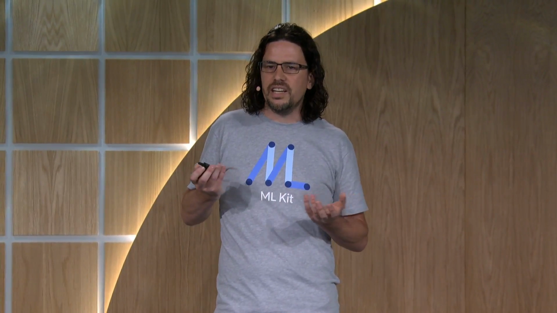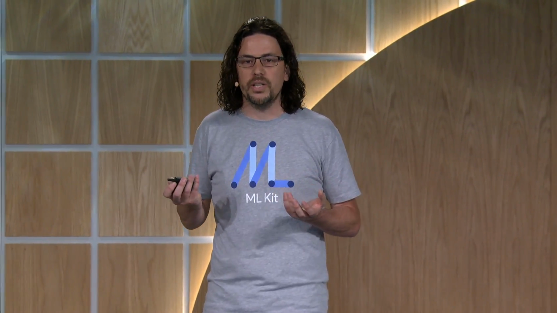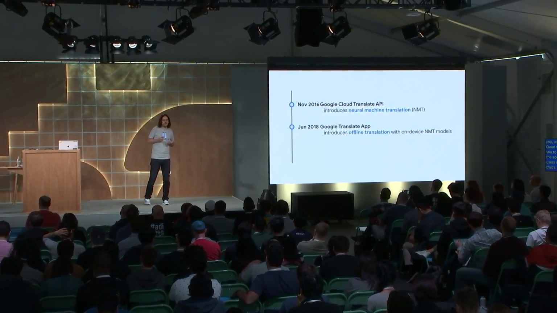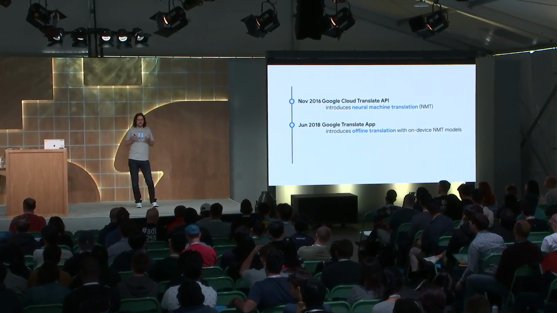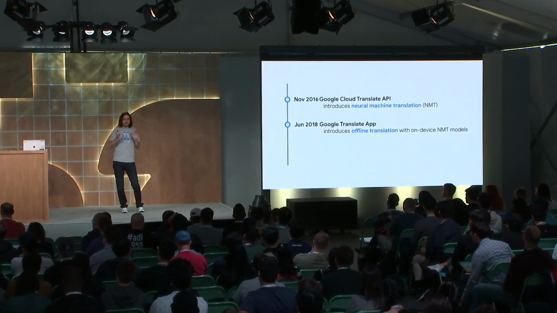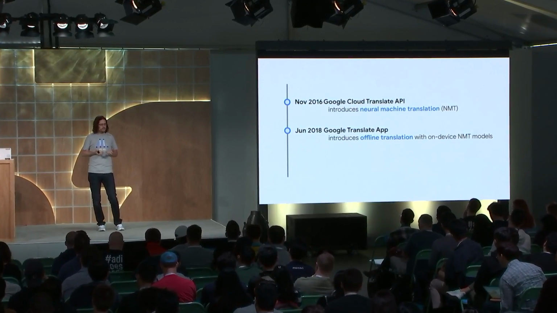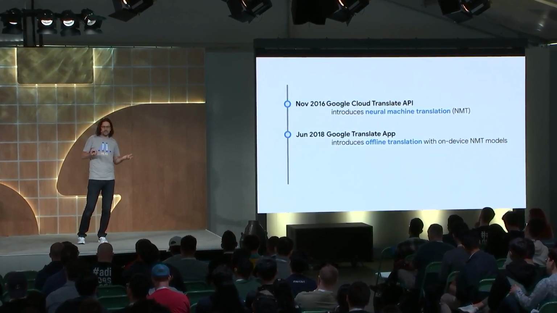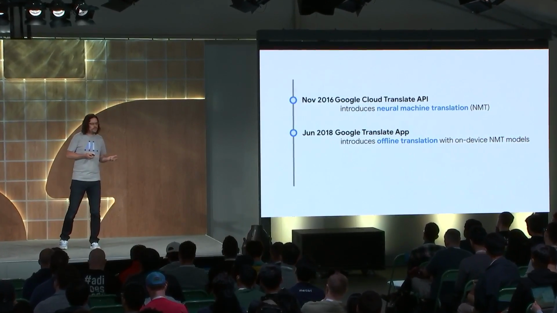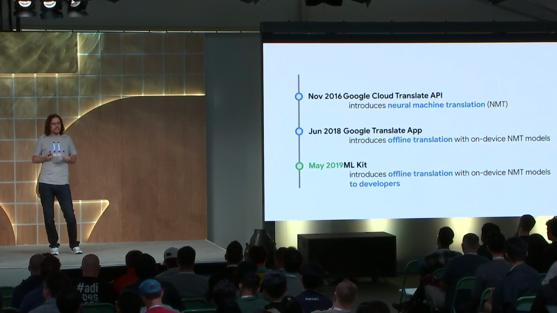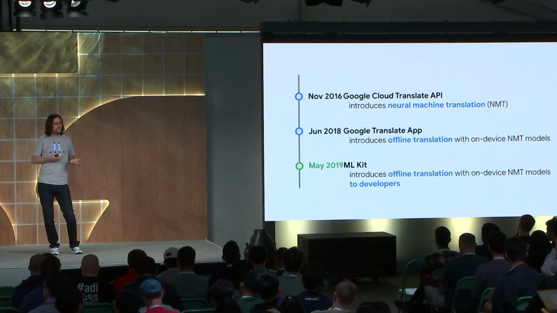Now, we did realize that users are not always online. That's why the Google Translate app introduced offline translation. And it took these NMT models that were running in the cloud and optimized them for use on mobile. However, these models were not available to developers. And that's what we want to change today, by offering offline translation as part of MLKit.